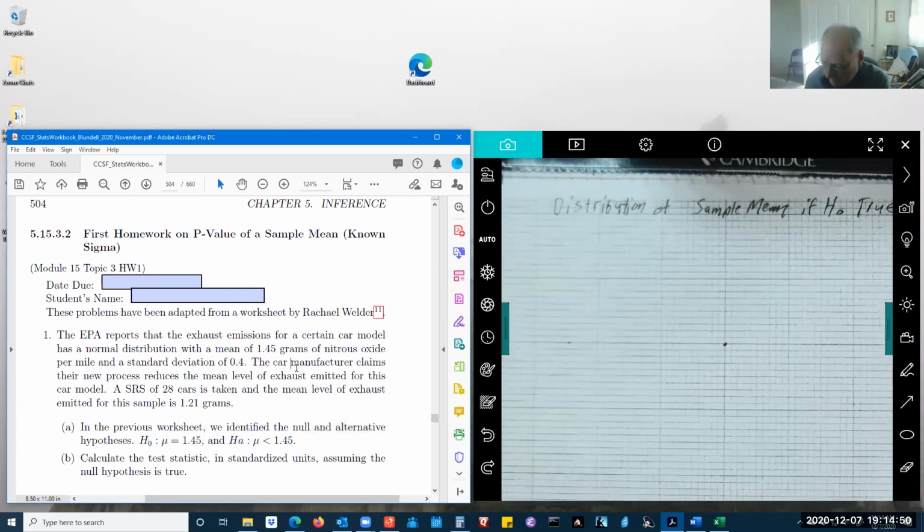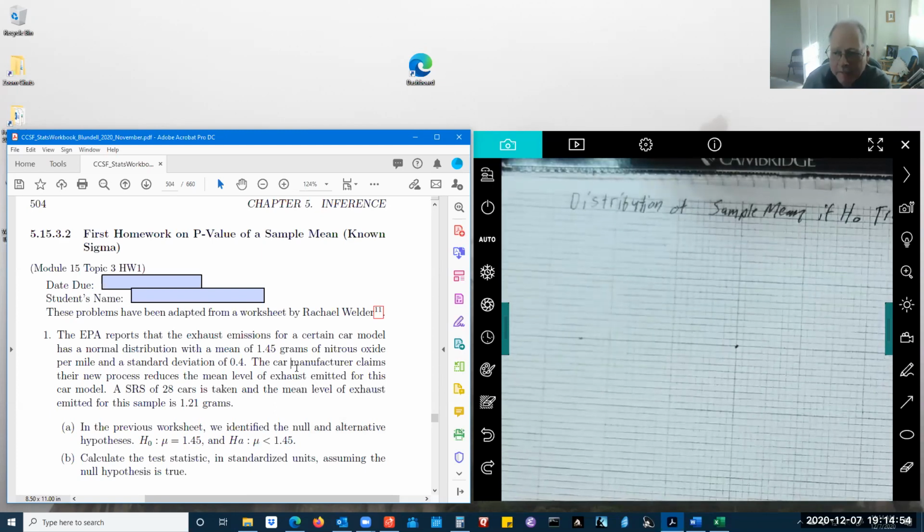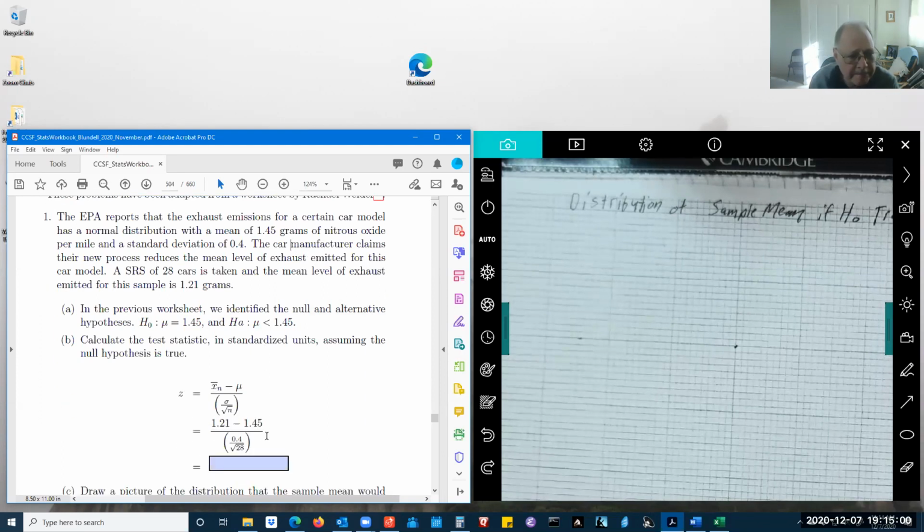And so what I'm going to do is start by drawing a picture of this situation. Well, actually, that's okay. I'll do the little calculation first, and then question C is to draw the picture.